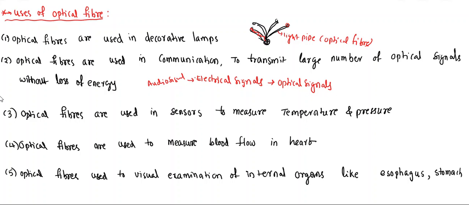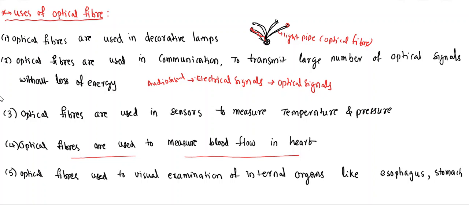Optical fibers are used in sensors to measure temperature and pressure. And the fourth use is that optical fibers are used to measure blood flow in the heart. And the last one, optical fibers are used for visual examination of internal organs.